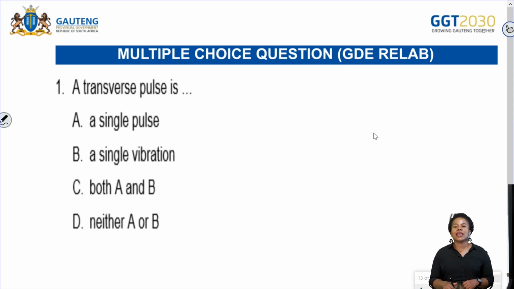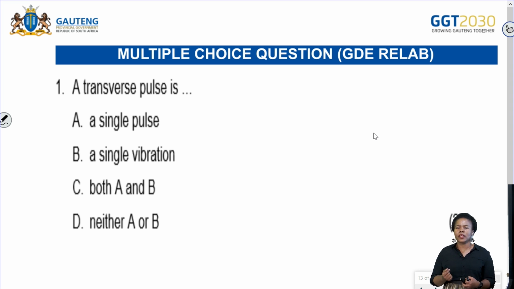Okay, so they're saying a transverse pulse. Instantly, when you think of a transverse pulse, what is running through your head is the definition of a transverse pulse. Underlining the word pulse, being a single disturbance in a medium, transverse, meaning that the particles of the medium are moving at a right angle to the propagation of what? Of the wave.